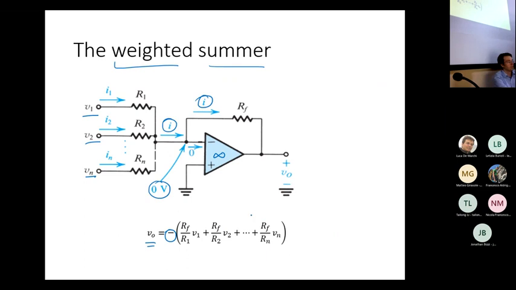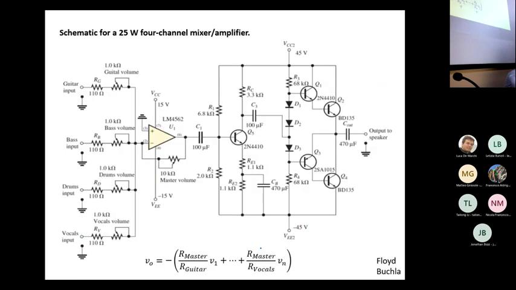The output is given by the summation of V1, V2 up to Vn with different weights controlled by R1, R2, and Rn. So you can weight differently the role of the different sources, and use this circuit for mixing purposes.